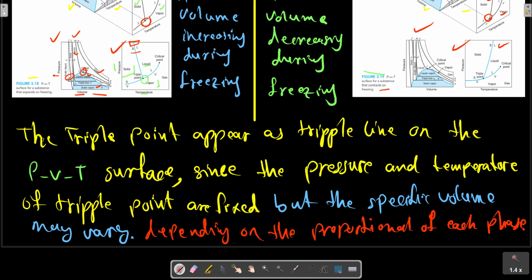We have two critical points here. Notice that for a substance such as water, which expands on freezing, the freezing temperature decreases with an increase in pressure. For a substance that contracts on freezing, the freezing temperature increases as the pressure increases.